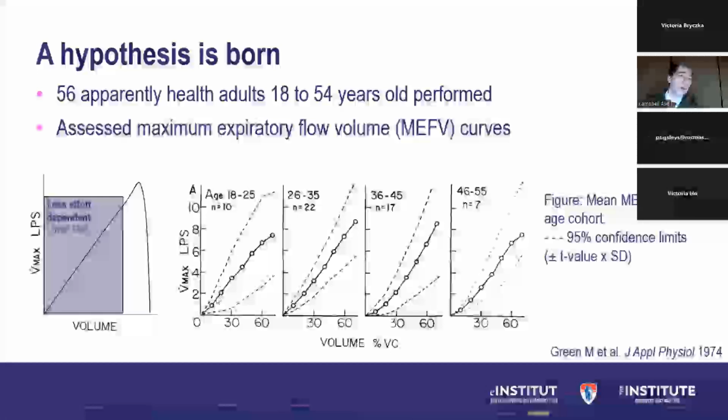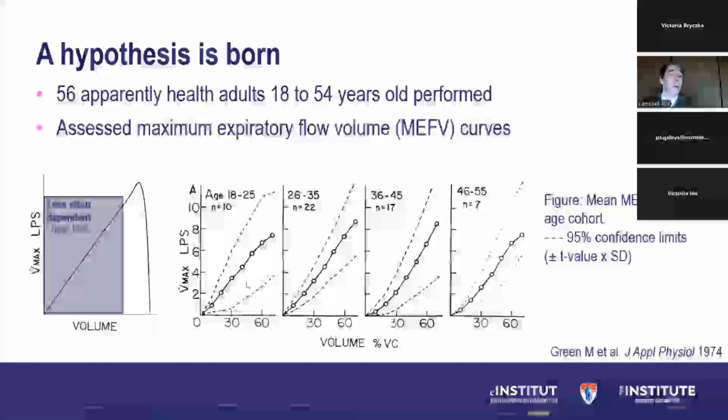What they plotted was the flow versus volume as a percentage of the vital capacity. And the dotted lines here are the 95% range of values observed. So it's not an estimate of how precise the mean was in a larger population. It was the actual distribution of observed values.